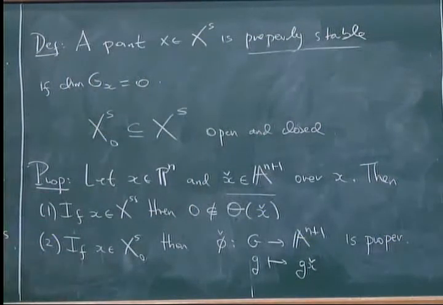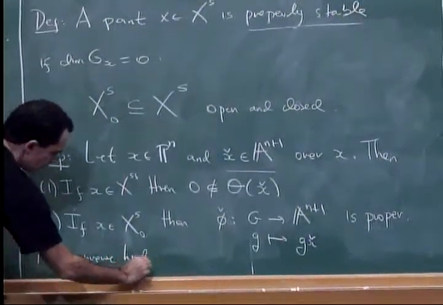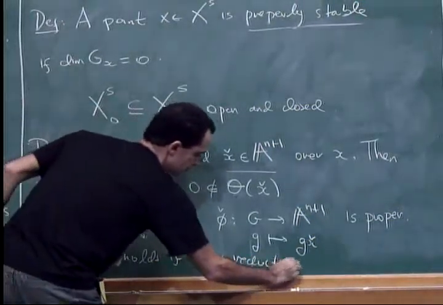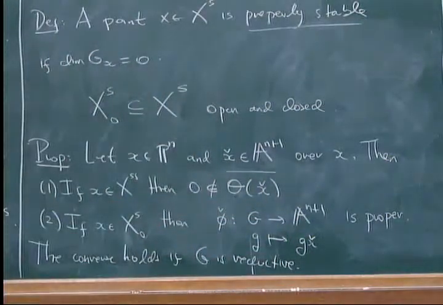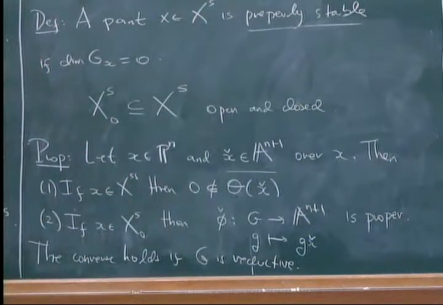So these are just one direction, but the converse holds if G is reductive. Okay? So you have a characterization of semi-stability and proper stability, which is actually useful because of the conditions here. You can check these conditions using the relative criterion. Okay? So you can check this condition just by looking at curves. Yes?